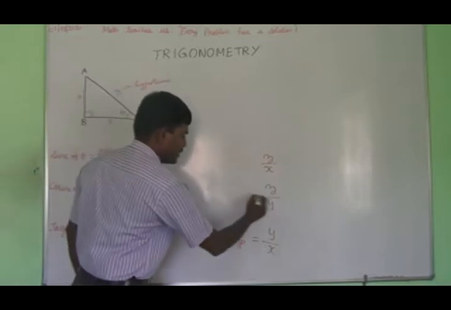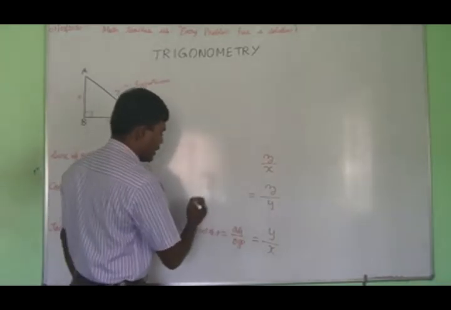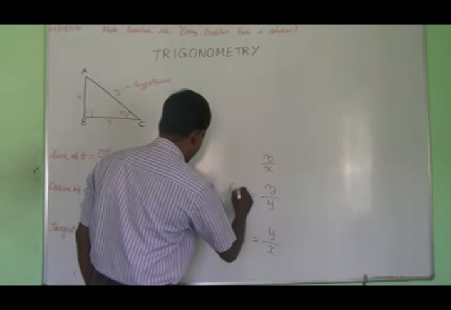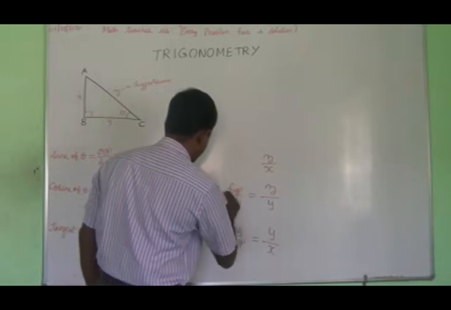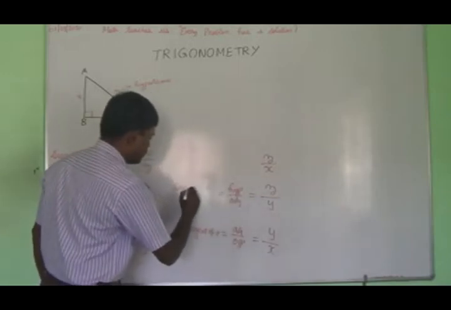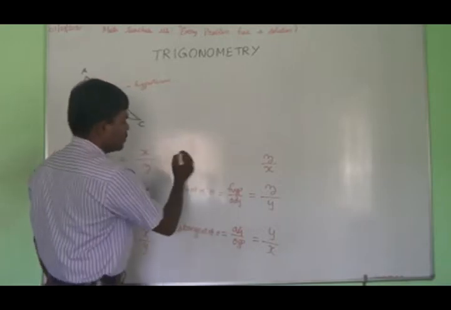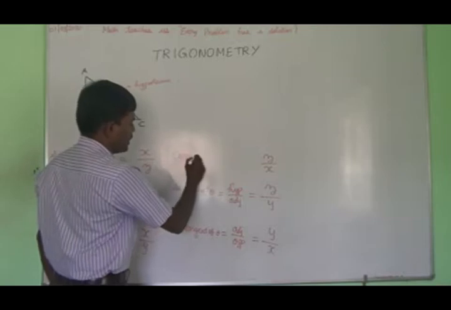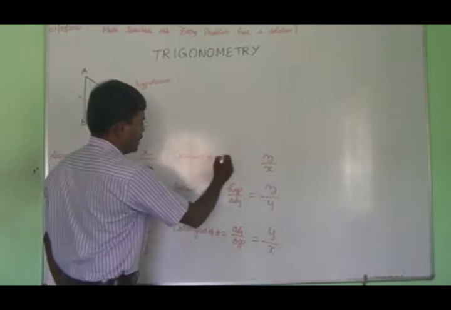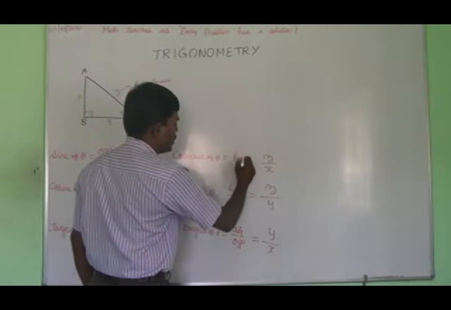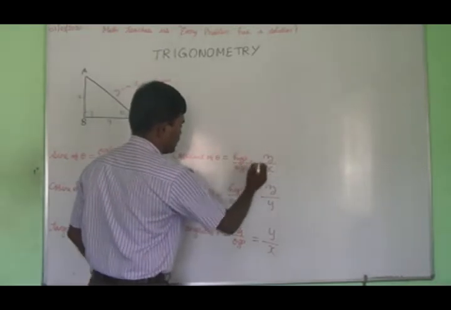This is secant of angle theta, and it is nothing but hypotenuse by adjacent side. And the last one is cosecant. Cosecant of angle theta is nothing but hypotenuse by opposite side.